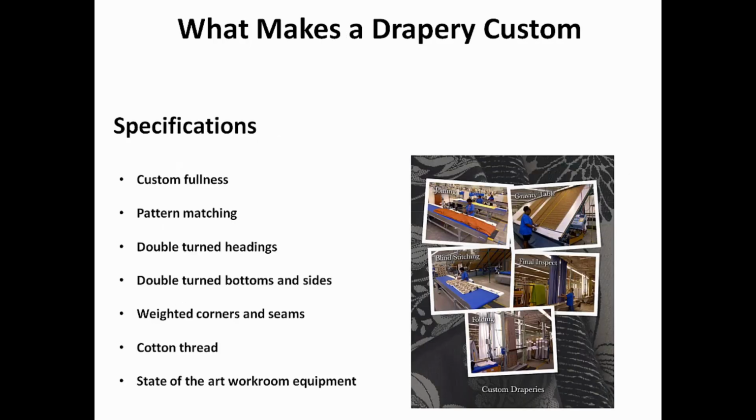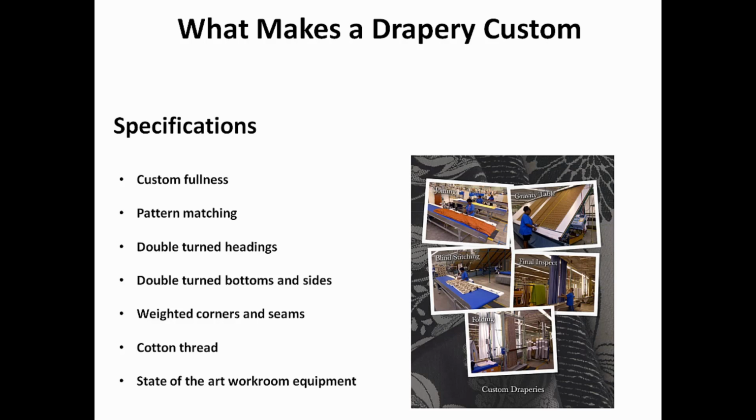Okay, so if we review for a second what we've talked about so far, we've talked about some of the fabric characteristics, whether they're natural or synthetics. We talked about different lining usages. We've talked about care and cleaning for draperies, but let's get into some of the construction and really what makes a custom drapery. For example, if we talked about specifications, custom fullness, which we'll talk about more in depth, is very important to a custom drapery.